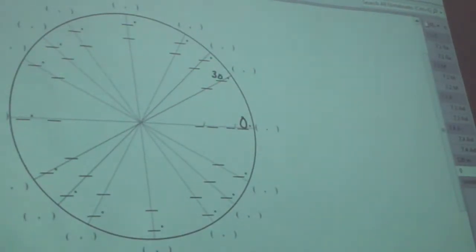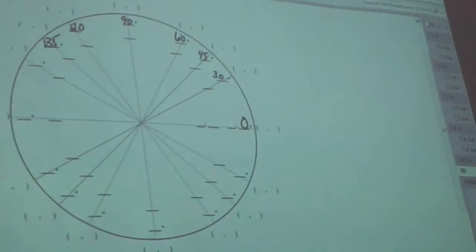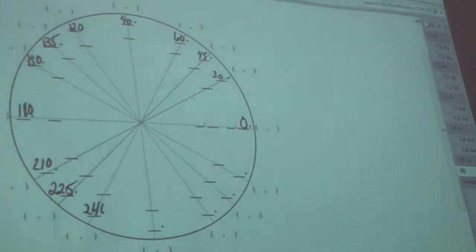That's 0, that's 30, 45, 60, 90, 120, 135, 150, 180, 210, 225, 240, 270, 300, 315, 330. Back to 360, right?